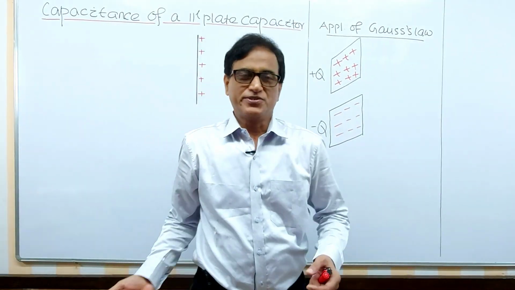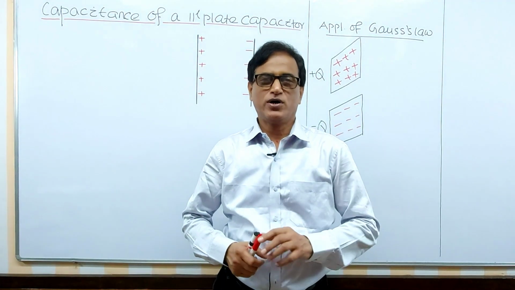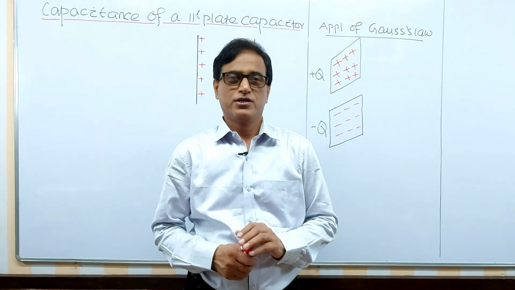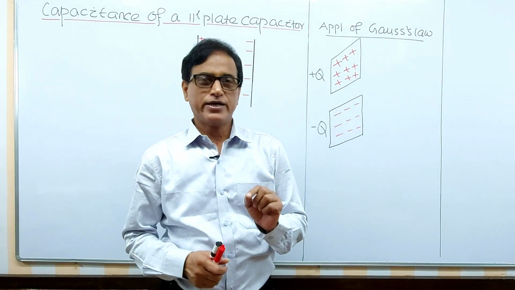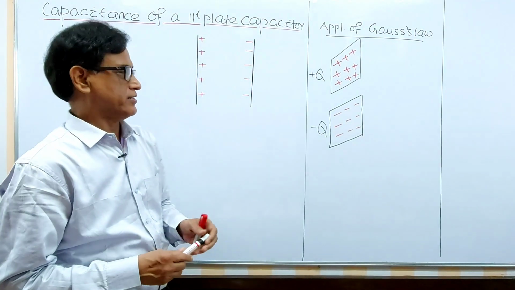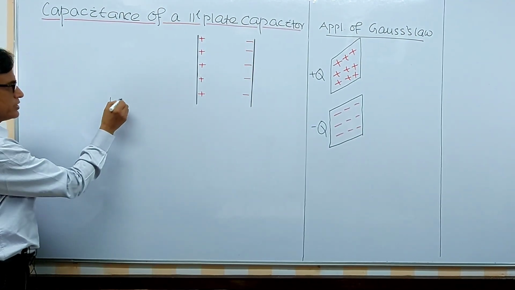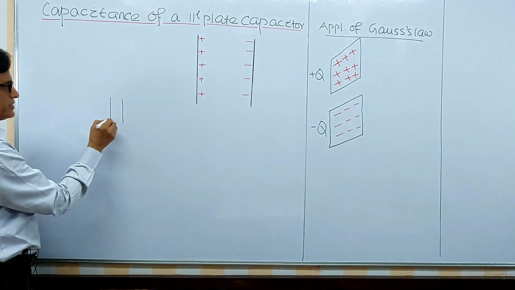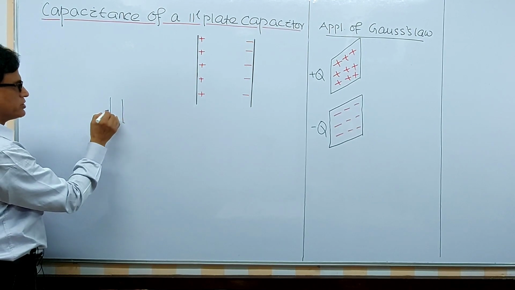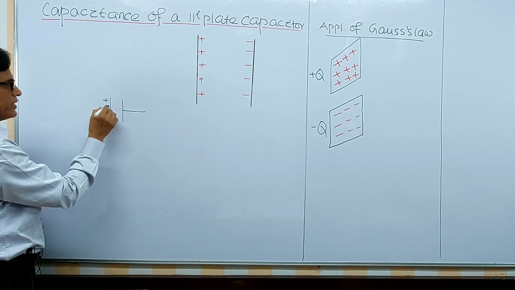Hello my dear students. Last class in Capacitor 1, we calculated in general the capacitance of a capacitor. Here a capacitor consists of two conductors separated by an insulator, represented symbolically like this.